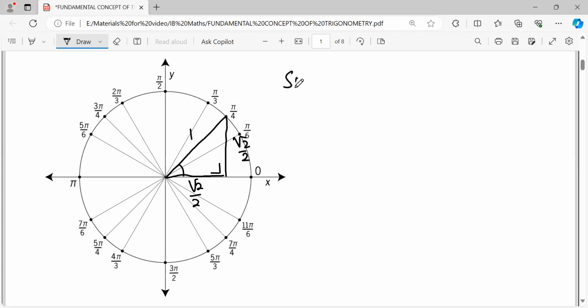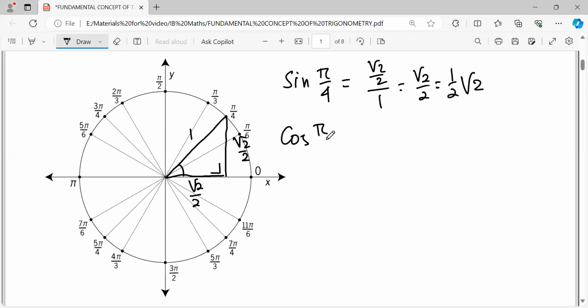So sine pi over 4 equals square root 2 over 2 over 1 equals square root 2 over 2, or half square root 2.